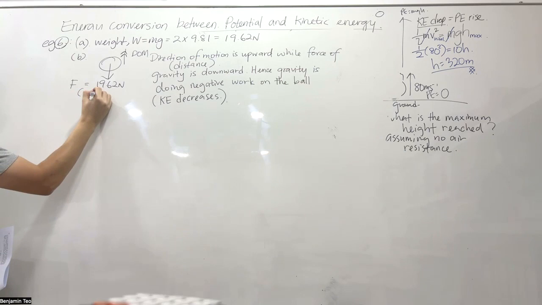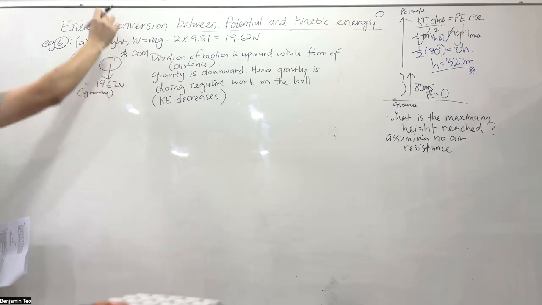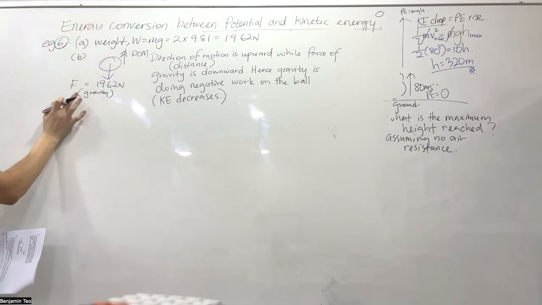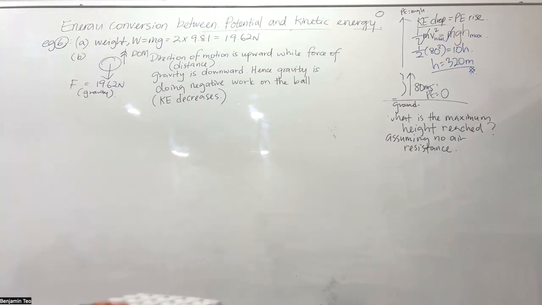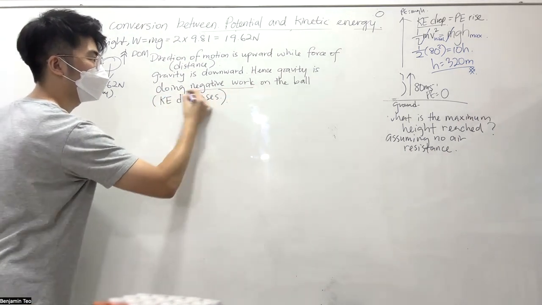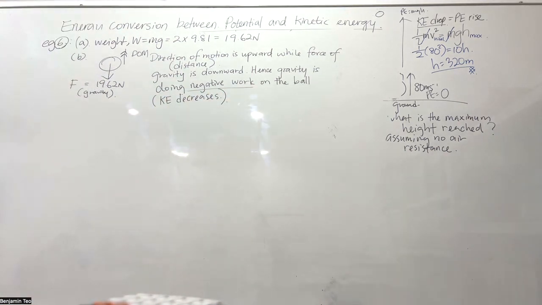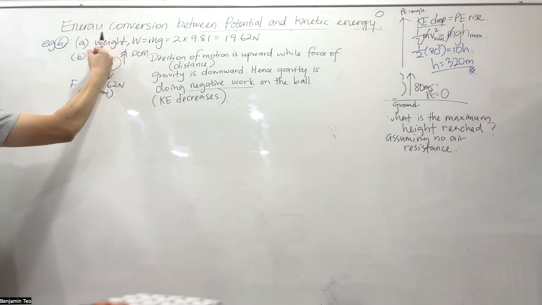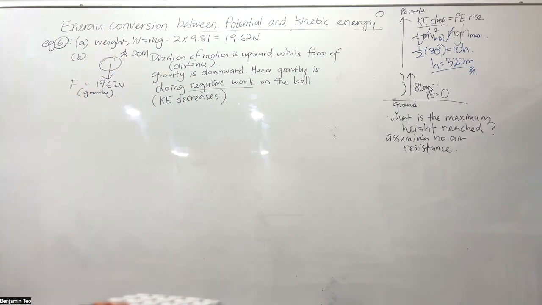Gravity is downward. Distance travelled is upward. So work done by gravity is negative, different direction. Remember what negative work means? Taking kinetic energy away from the ball. So KE decreases.